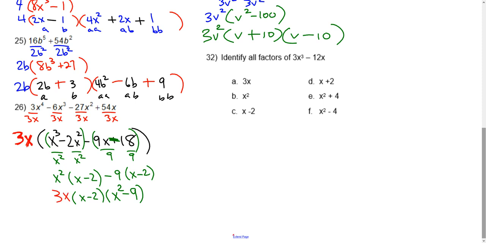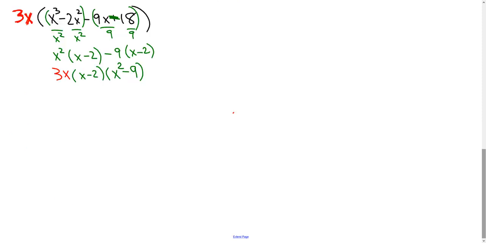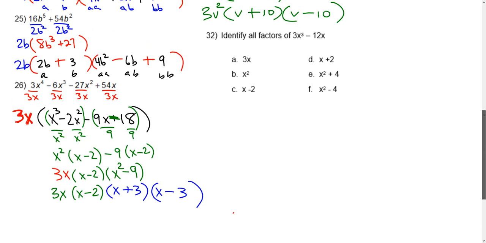But I told you guys earlier that if you ever have exponents left, there's a chance you could keep going. So I noticed there's a difference of squares here. Turns into 2 more. One's plus, one's minus. Square root each term, and then just make a second copy. So our final answer is 3x, x minus 2, x plus 3, and x minus 3. So you've got to watch for that in multi-step factoring. Anytime there's an exponent left in your parentheses, it might be able to break down some more.